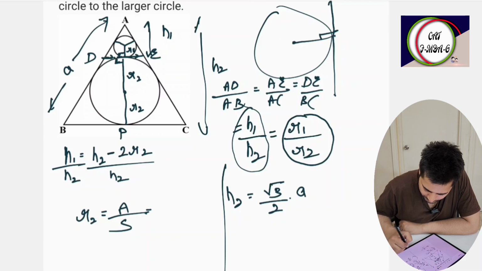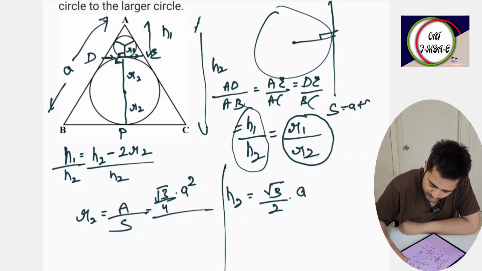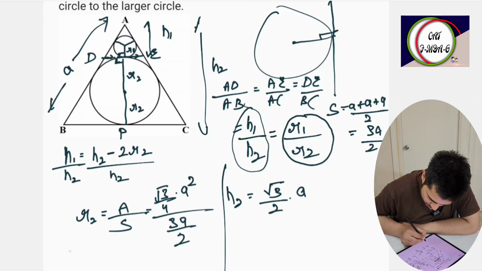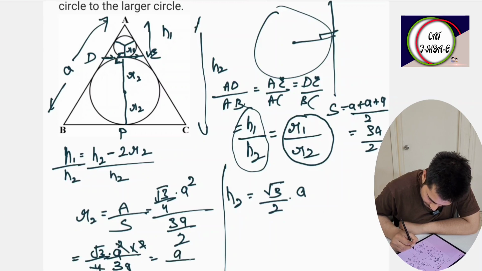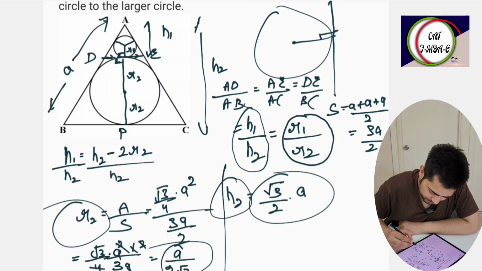Area of an equilateral triangle is root 3 by 4 A square. Semi perimeter is A plus A plus A by 2, so 3A by 2. So root 3 by 4 A square divided by 3A by 2 gives A by 2 root 3. This is R2, and H2 is root 3 by 2 A.